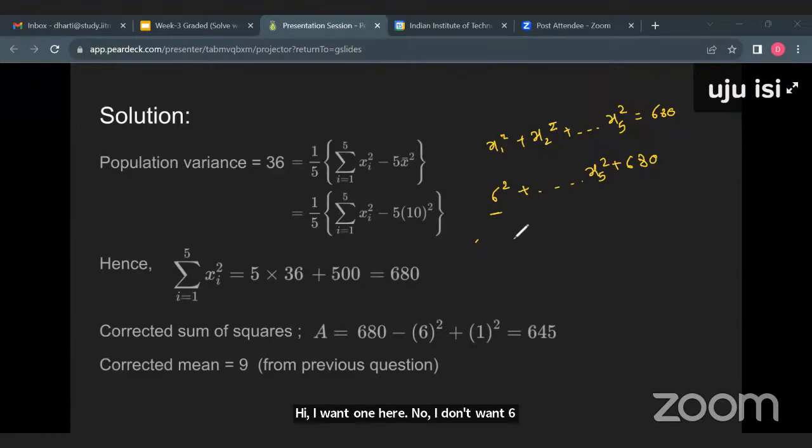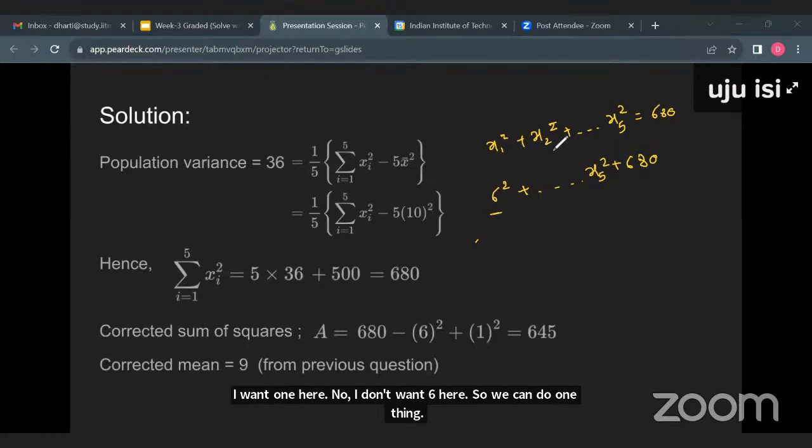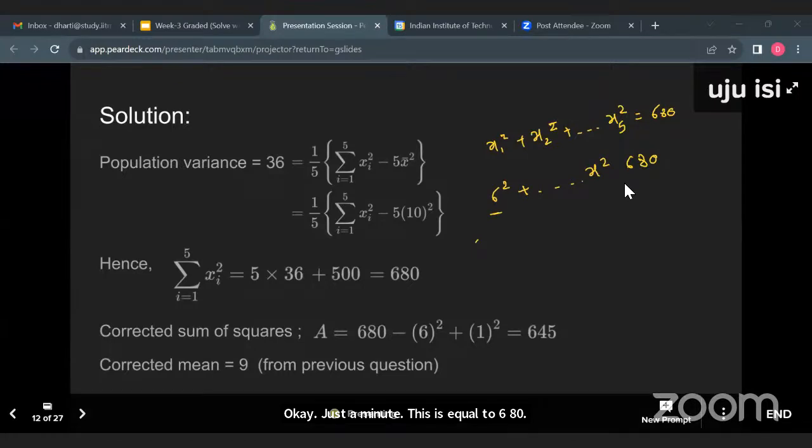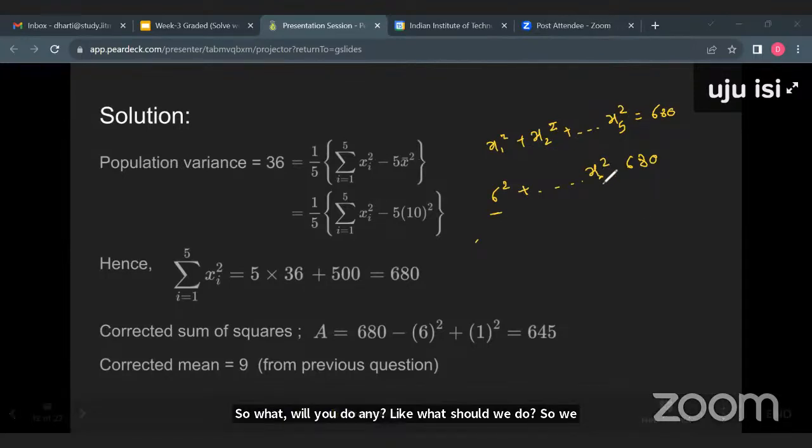So we can do just one thing. We subtract 6 square and add 1 square.